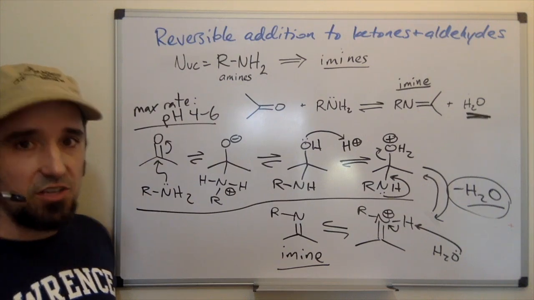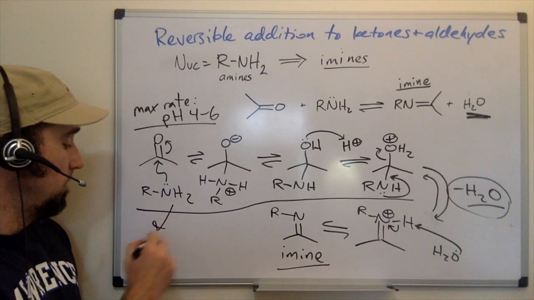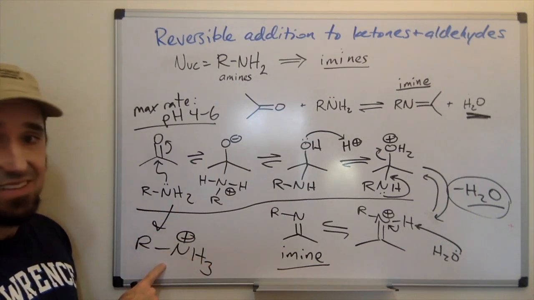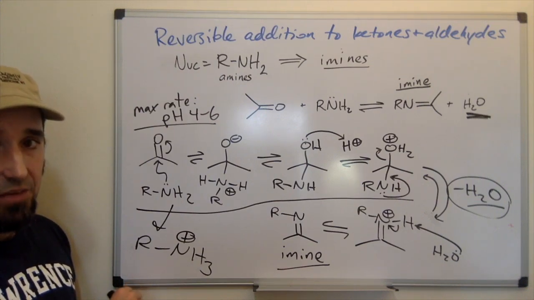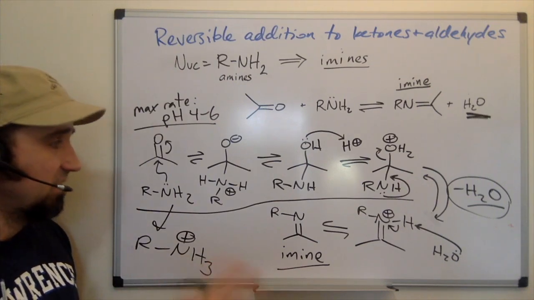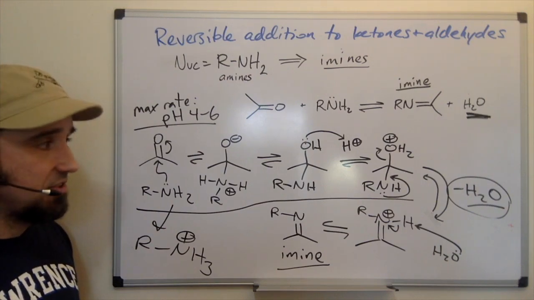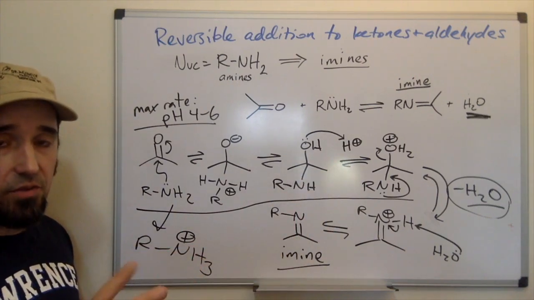If we have too much acid, then all of our nucleophile is going to be sucked away as NH3+, and that's not nucleophilic anymore. So we can't have it at pH 1 or 0 because then we don't have a nucleophile anymore. But we can't have it at pH 10 or 12 because then we'll never lose water. So we're looking for that happy medium.